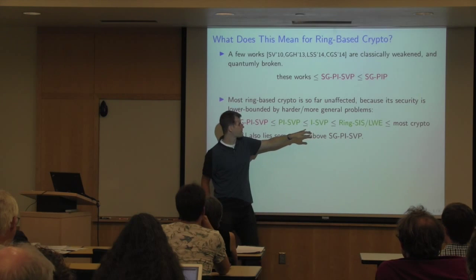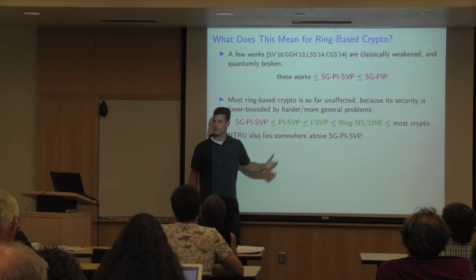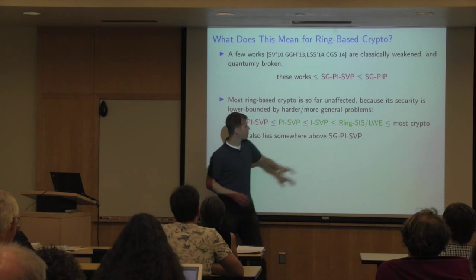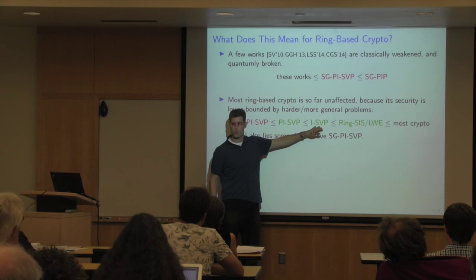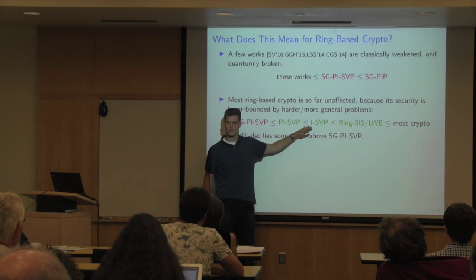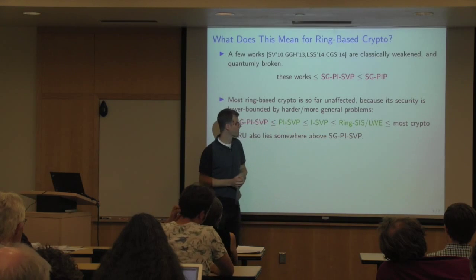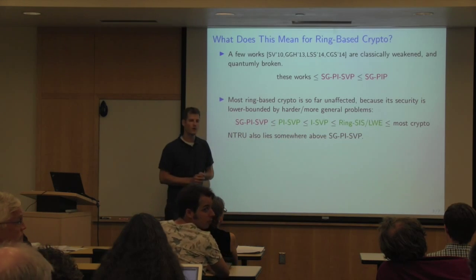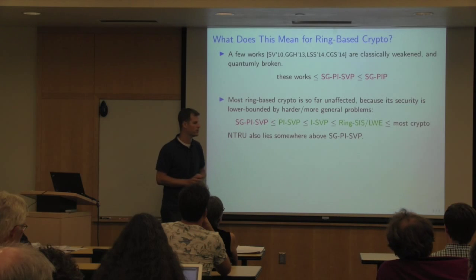SIS is short integer solution, and LWE is learning with errors over rings. So these problems are at least as hard as finding approximately shortest vectors in arbitrary ideals via quantum reduction in the LWE case. That is true in any fixed number field, yes. So in particular in cyclotomics.